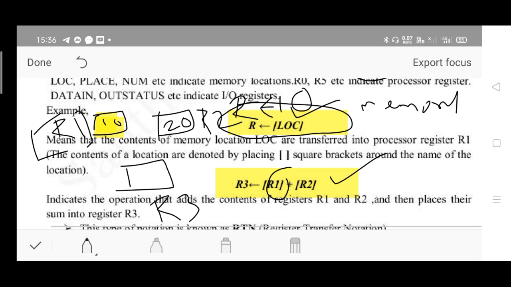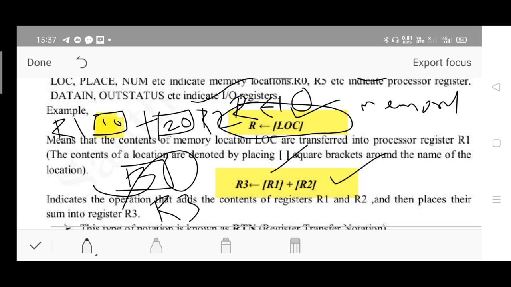Once you access its content, which value will you get? You will get 10. In addition, access the content from R2, right? R1 and R2. So R1 content is 10, in addition with the content of R2, which is 20. So 10 plus 20.